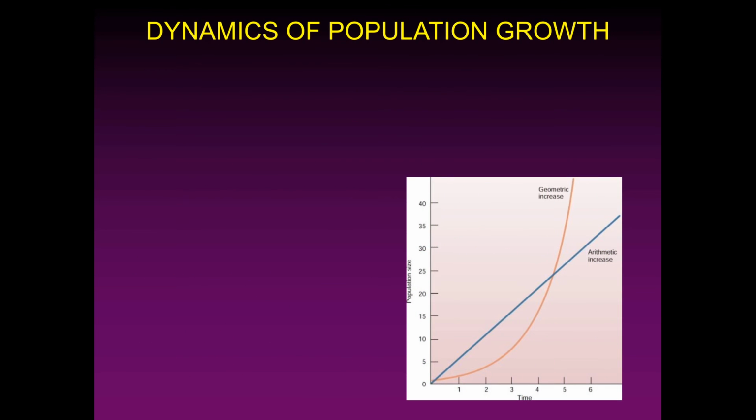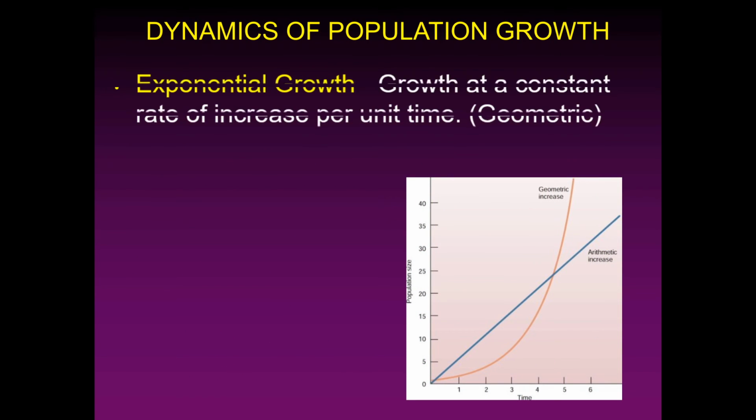So getting into our first thing, we're going to look at dynamics of population growth. Exponential growth is growth at a constant rate of increase per unit time. It says geometric growth. I've never seen anyone refer to this as geometric growth, but it is this exponential scale that is right here.